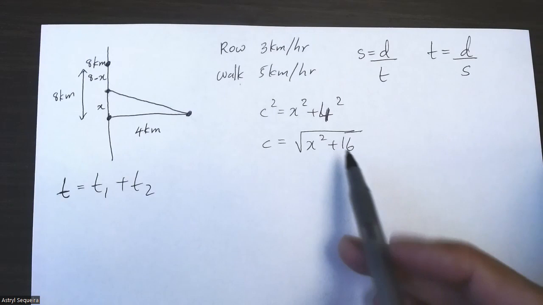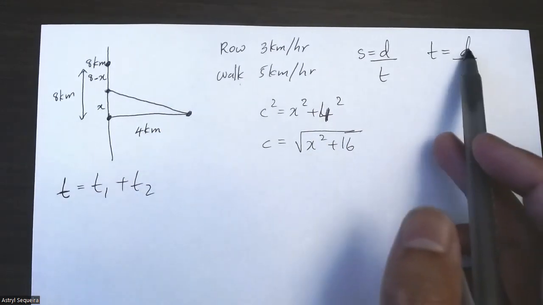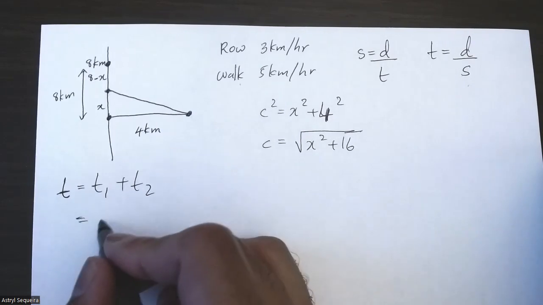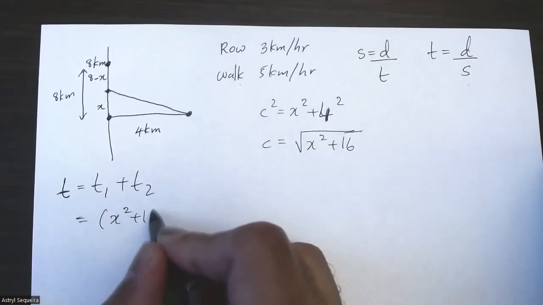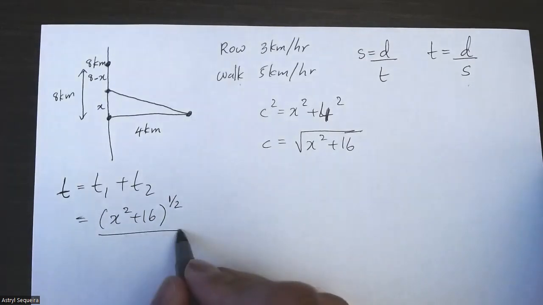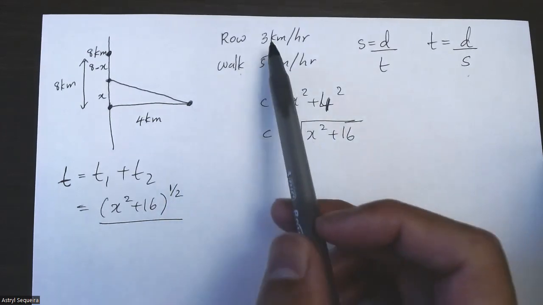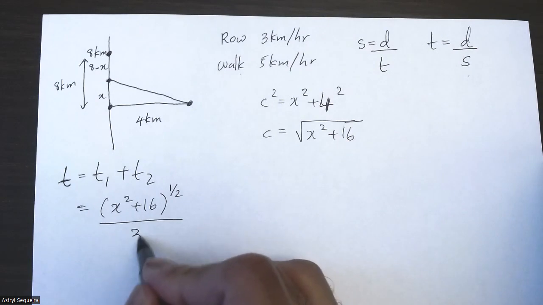So distance divided by speed means I'm going to write this with an exponent of half, because that's going to be easier to derive. That's my distance divided by my speed, and the speed over water is 3 kilometers per hour. So I'm going to divide this by 3.